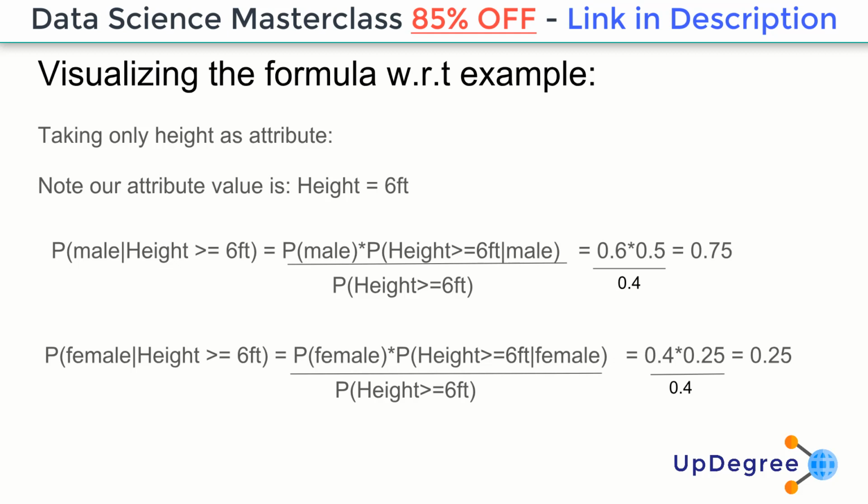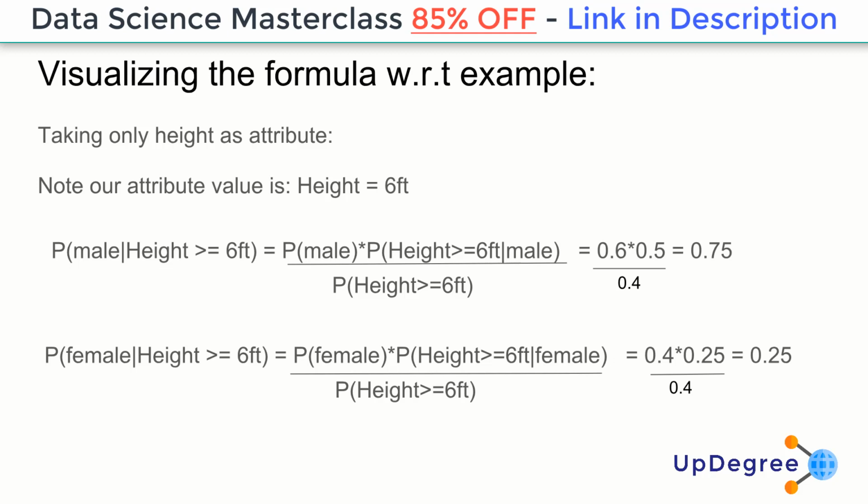Well, we have 60 males, so that becomes 0.6, the probability of the male class. Now, what will be the probability of observing the height 6 feet or more, given that it's the male class? Well, we know there are 30 out of 60 people in the male class who are 6 feet or more. So there it goes 30 by 60, which is 0.5.